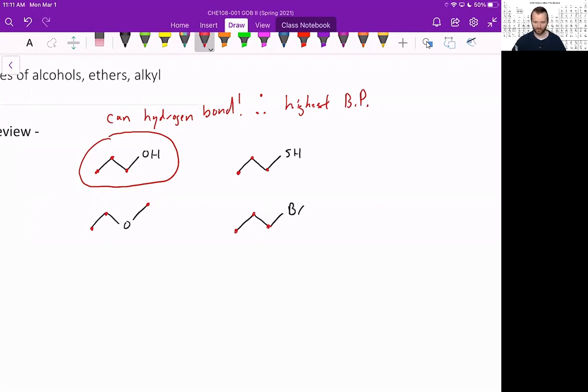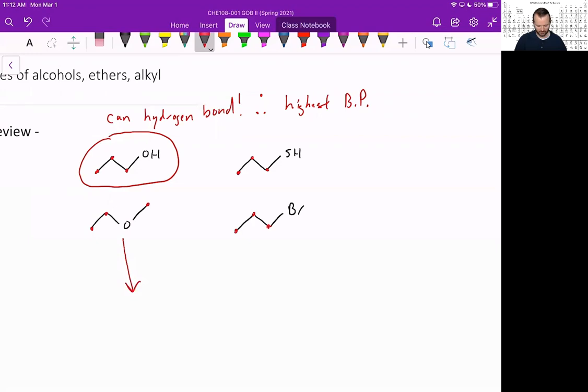Remember, hydrogen bonding is the strongest intermolecular force that has to be broken in order for the molecule to boil or melt, depending on what the state of matter is at room temperature or a given temperature. But because they can hydrogen bond, they're going to have the highest boiling point of those four.